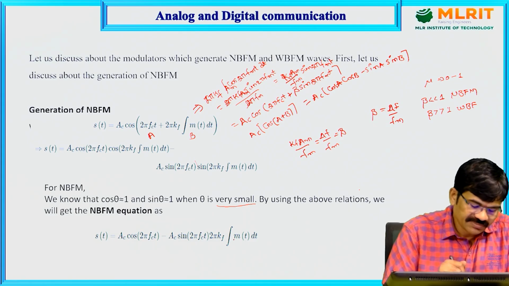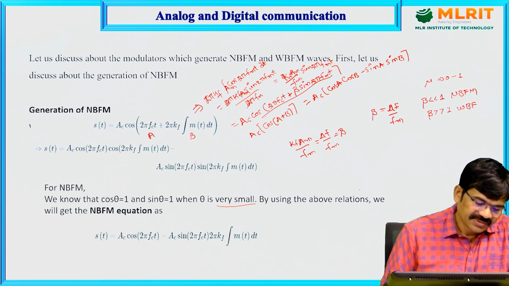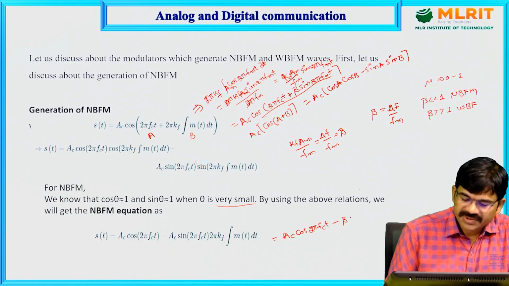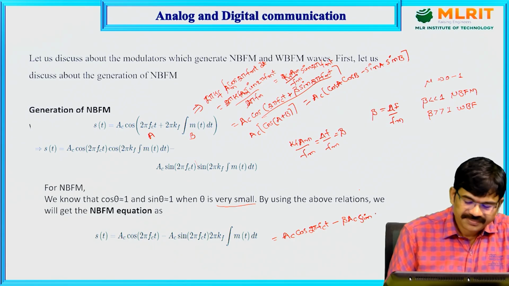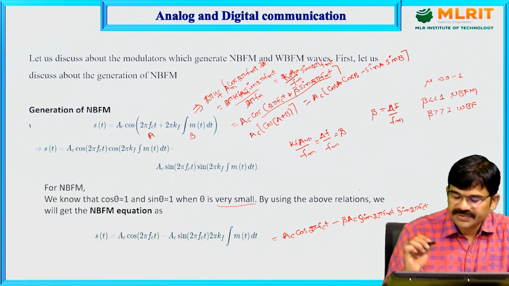Again, if you want to simplify this expression, finally the expression we are getting is AC cos 2 pi fct minus beta AC sin 2 pi fmt sin 2 pi fct.